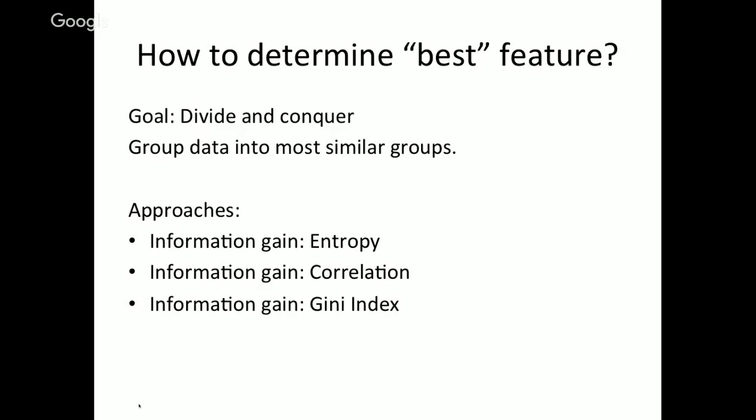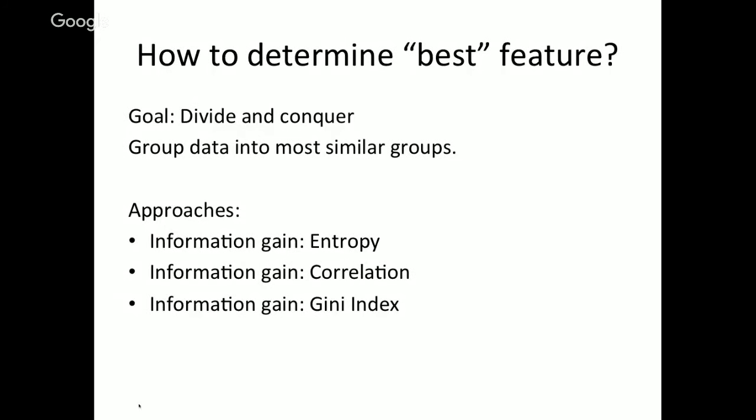Entropy is just a way to measure, once you've segregated your data into groups, the diversity or randomness of each group. As an example, if each side had 50% buys and 50% sells, then we didn't really gain any information, because it still is kind of randomly distributed.